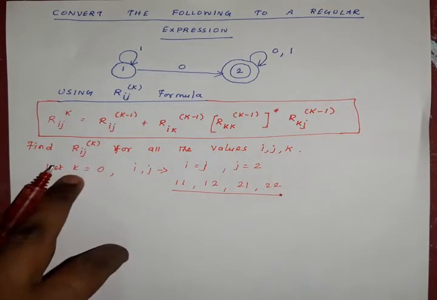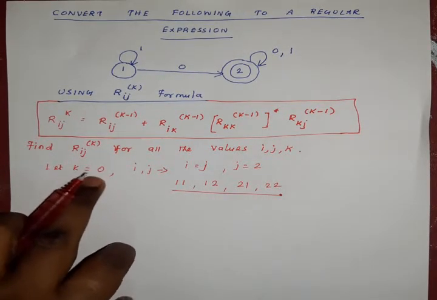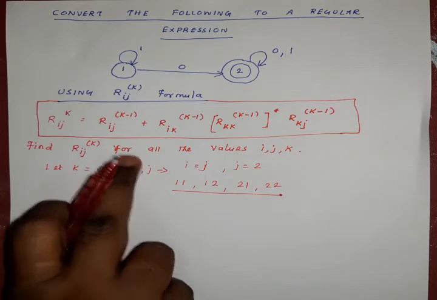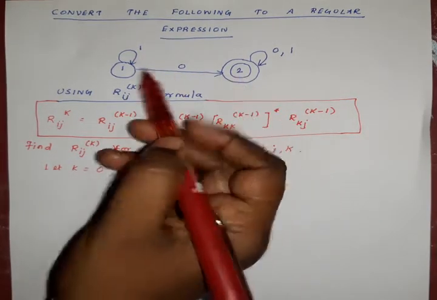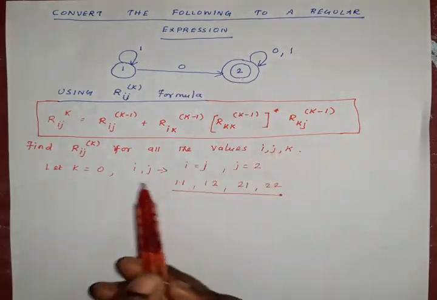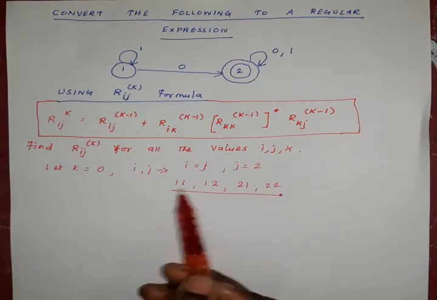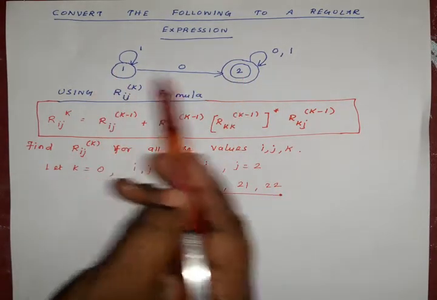So k is equal to 0 initially. For this value, I's value is 1 and J's value is 2. I is the initial state, J is the final state. So I and J are written as 4 combinations: 1 1, 1 2, 2 1 and 2 2.